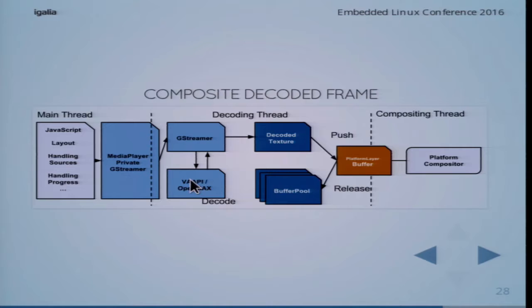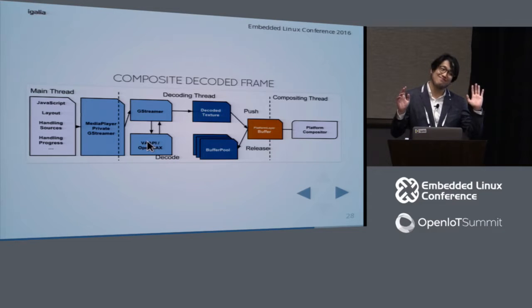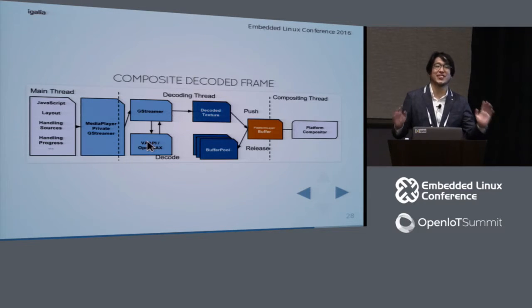The reason for that is that decoding a 1080p video on Raspberry Pi 2 would consume almost 12 milliseconds. So it's quite huge. Yeah, we can do it. We can render it at 60 FPS if we are really lucky.